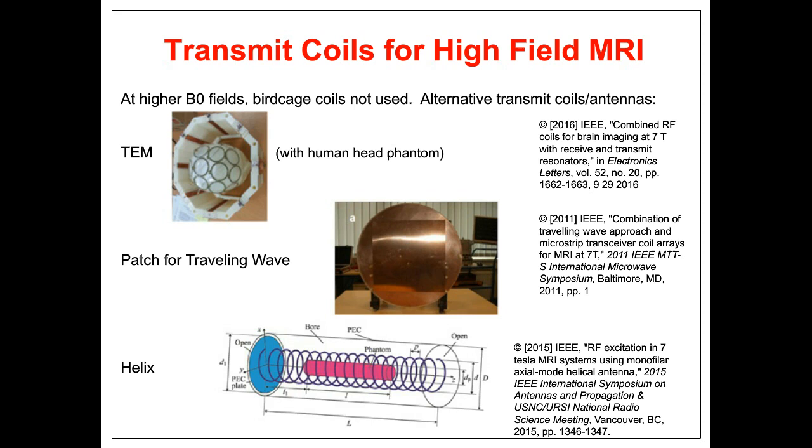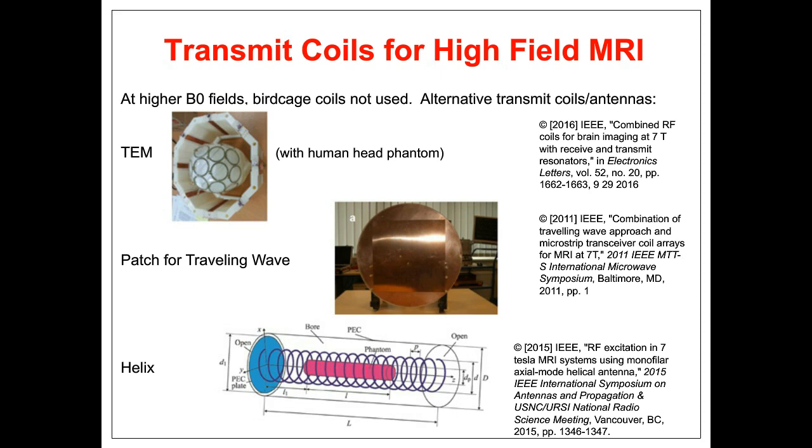One of which is called the TEM type coil, which is the top slide there, which is cylindrical or partially cylindrical in nature, and it looks like the birdcage except it does not have the end rings. The TEM is essentially an array of parallel microstrip lines to give you a very homogeneous magnetic field in the center of that cylinder.